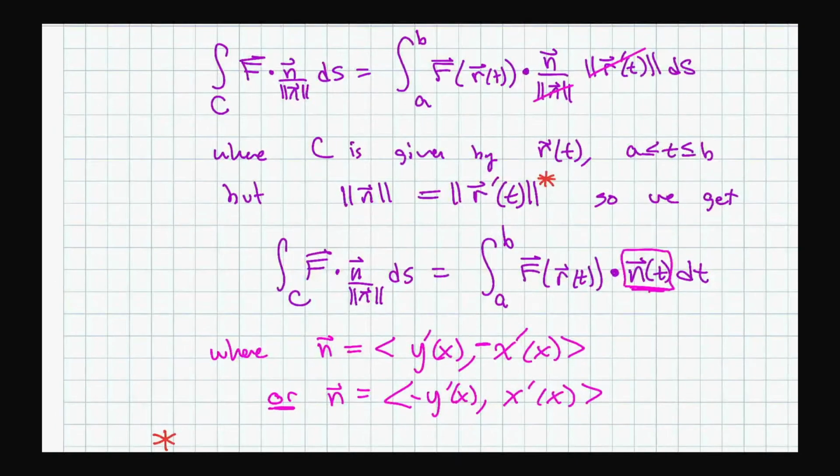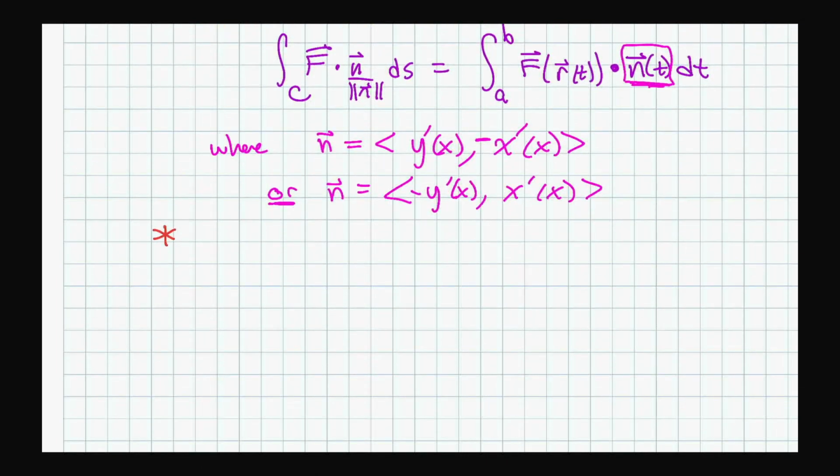The asterisk is why these are equal. Recall that r prime is just the derivative of x and the derivative of y. So r prime is x prime, y prime, and the normal vector, we're just switching them and then making one of them negative.